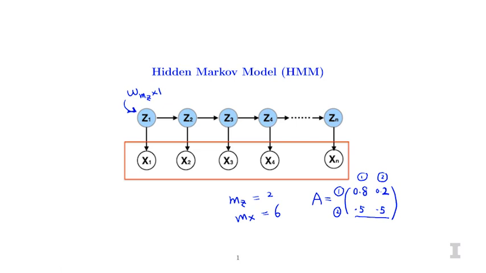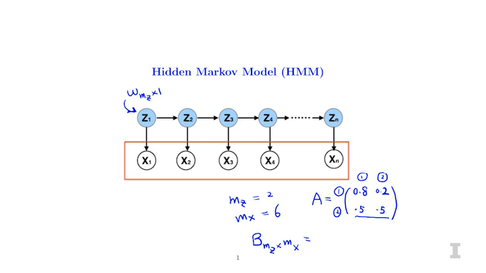Then, given Z, we need to generate X. And in the dishonest casino, we know that there are 2 different distributions over the X. We call that the emission probability matrix, and throughout I will use B. So it's always equal to MZ times MX.